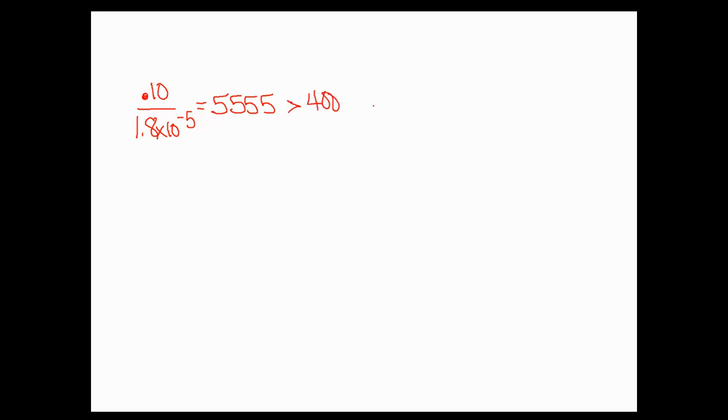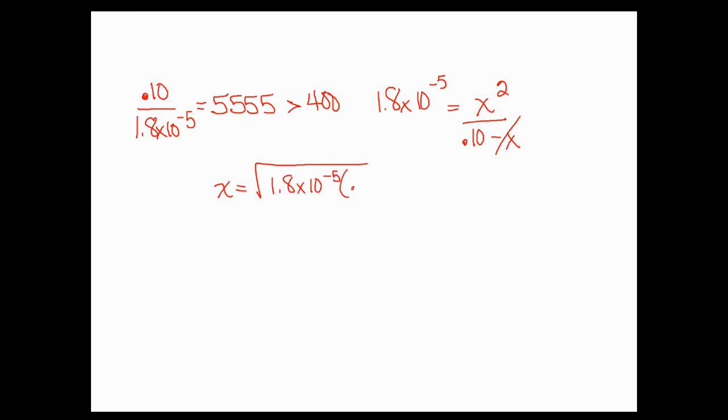So what that does for us, if we have our Ka value and equilibrium expression, is it means I can ignore this x. And notice how much easier that's going to make our lives, because x will equal the square root of the Ka times the concentration.